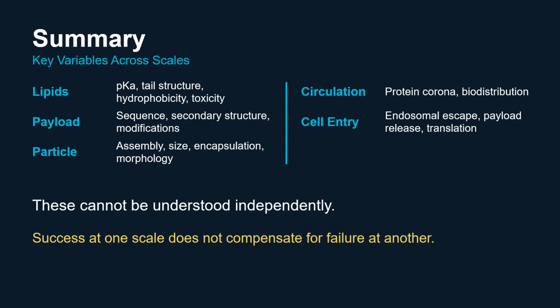That corona reshapes how the particle distributes in the body. And then at the cellular scale, delivery depends on escape from the endosome, release of the payload, and efficient translation. So overall, the key point is this: all these variables are linked. You cannot understand or optimize them in isolation.